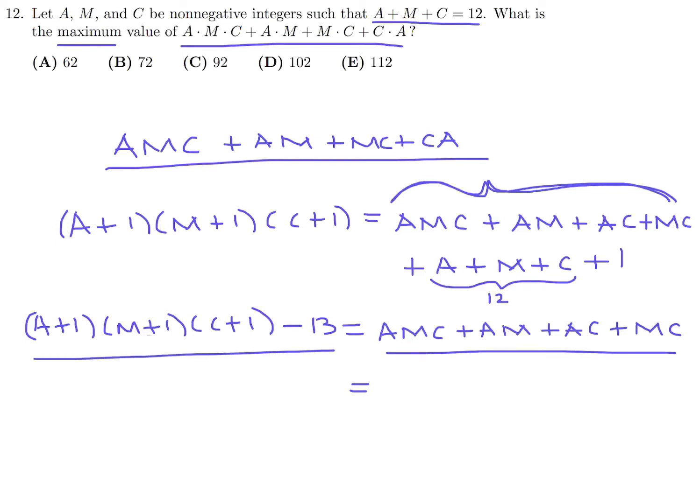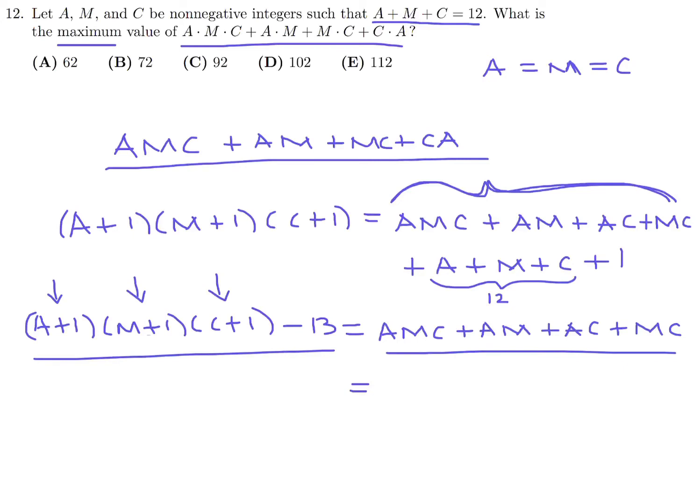So to maximize that using a plus m plus c equals 12, you're probably going to have to use the maximum numbers for each of those. And the only way I think this will work is if the numbers are closest to each other or equal to each other. So a is equal to m is equal to c. If we do that, this will give us a maximum value.